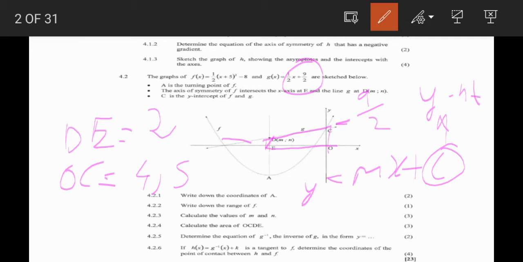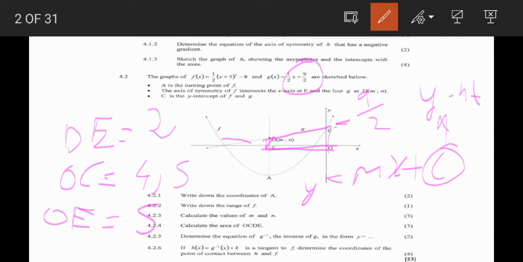Now we must have one side here, which is OE. From O to E, it's how many units? E is 5, so from O to E, it's 5 units.